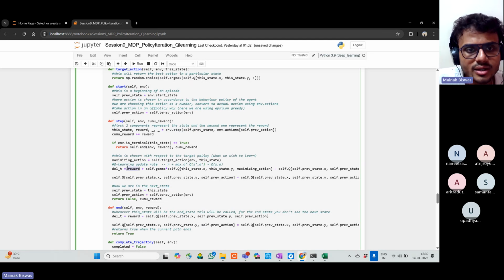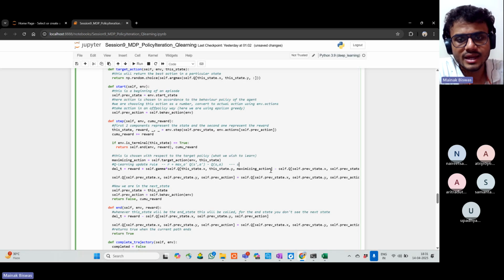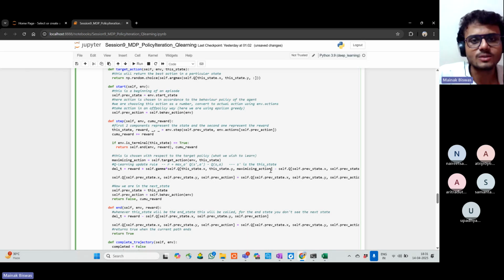The reward is what you observe. So again, you take a step, you get the reward, and you get the next state, which I have written as this state. If you are confused, S prime is this state.